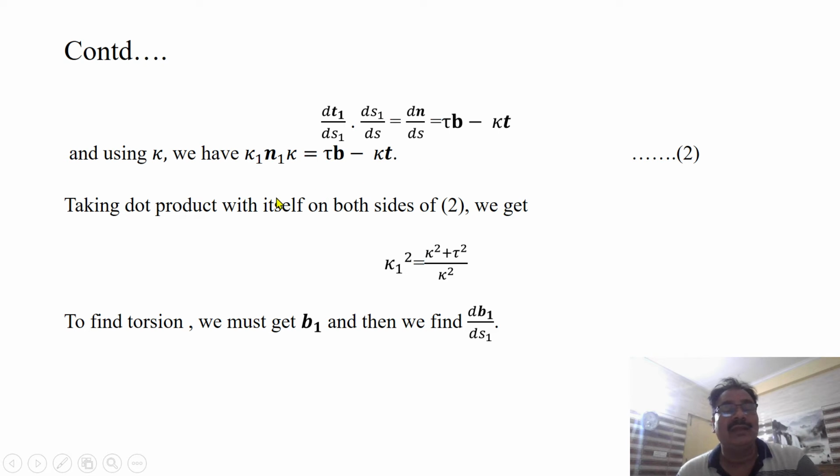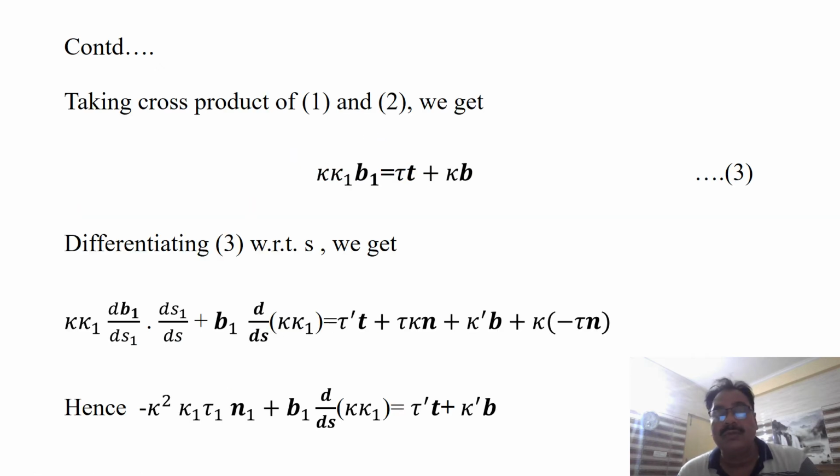Using k, we have k1 n1 k is equal to tau b minus kt. Taking the dot product with itself on both sides of equation 2, we write k1 squared is equal to (k squared plus tau squared) by k squared. To find torsion, we must get b1 and then find db1 by ds1.